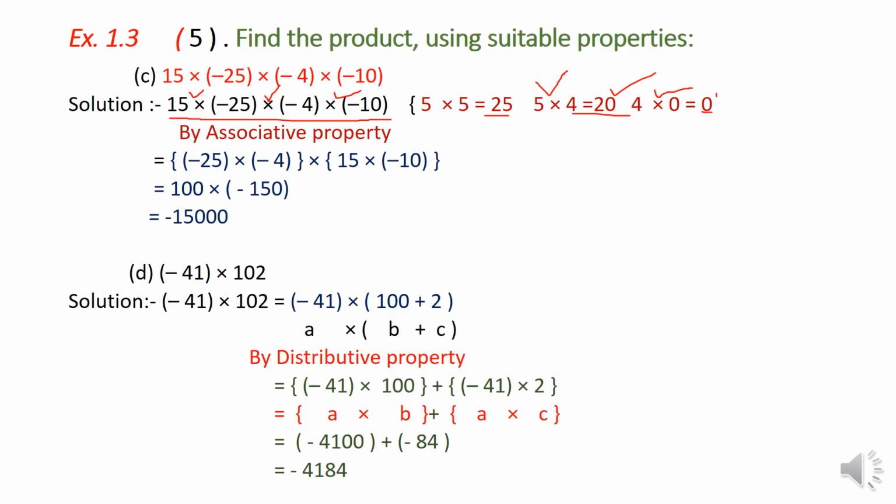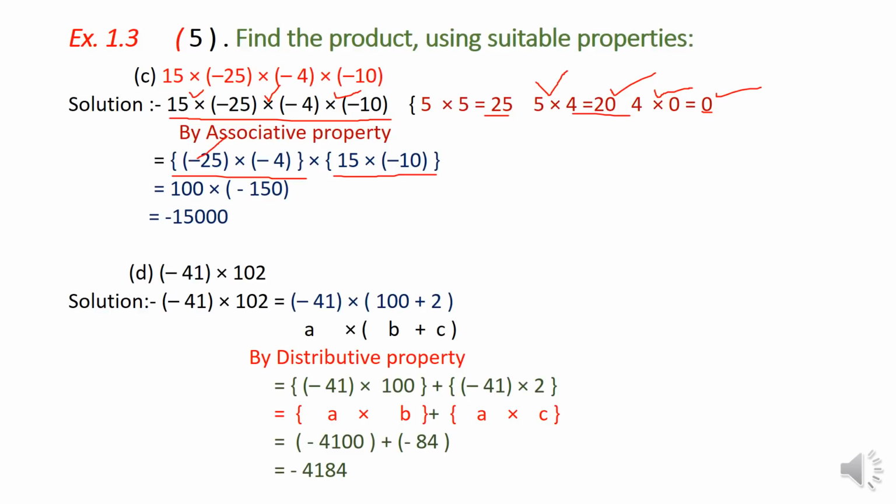That is why we will combine here minus 25 multiplied by minus 4, this will be our first group, and 15 multiplied by minus 10, this will be our second group. So, we are associating.